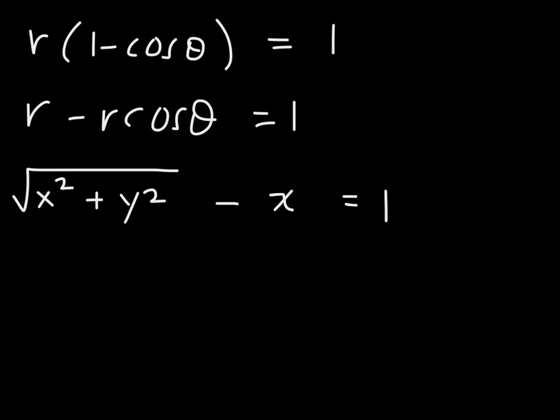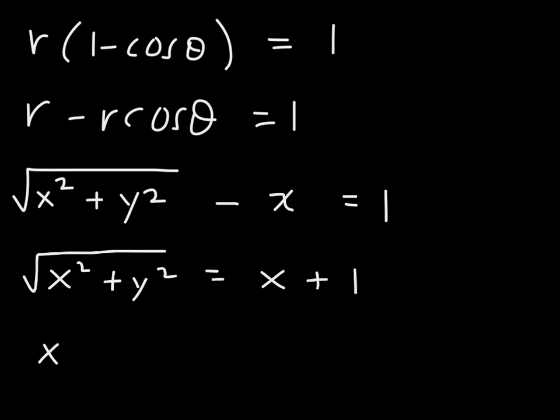Cool. Now what I want to do is get rid of that square root, but before I do, let me isolate that square root. I'm going to move x to the other side. And now I will square both sides. When I square the left-hand side, it kind of eliminates the square root. And when I square the right-hand side, I'll get x plus 1 quantity squared, right?